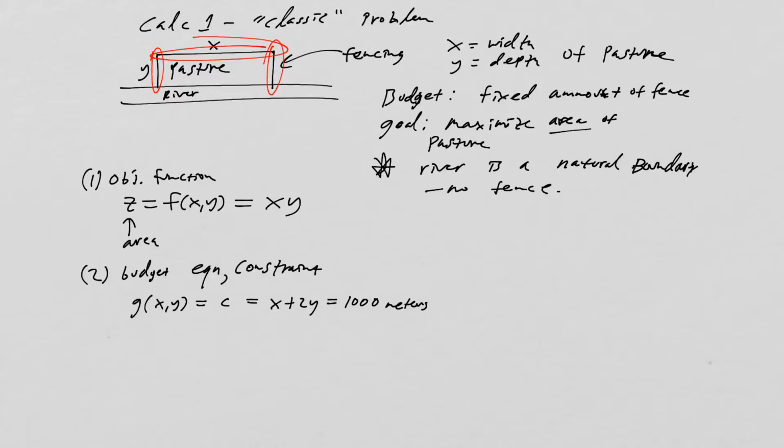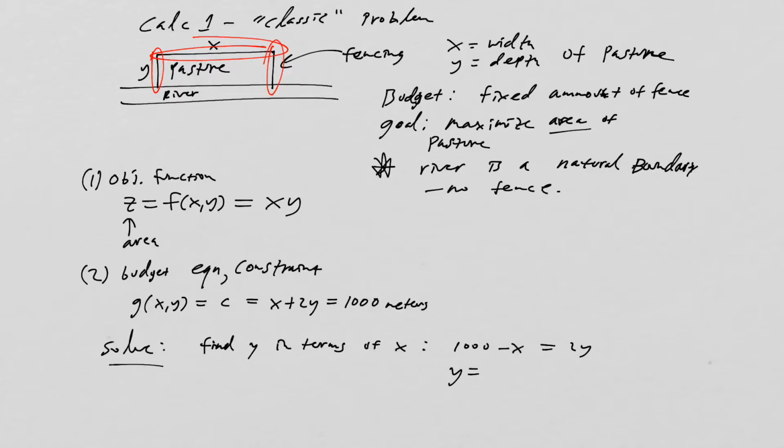Okay, so how would you solve? Well, it's pretty straightforward. What you have to do, of course, is find y in terms of x. So in this case, it's pretty easy. You're going to have 1,000 minus x is equal to 2y.